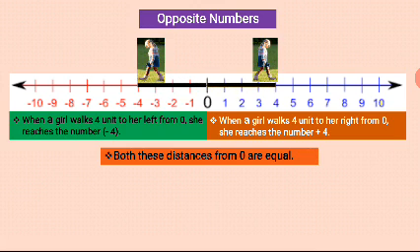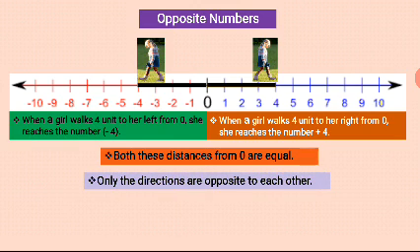Equal means the same distance, but the directions are opposite. Only the directions are opposite to each other.